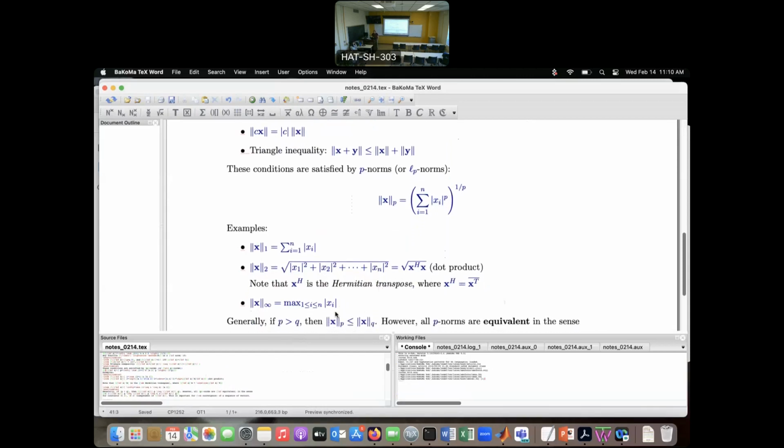Now, for the most part, the trend that we see is that as the kind of norm increases, the p part increases. Like if we have p greater than q, then the p norm is less than or equal to the q norm.